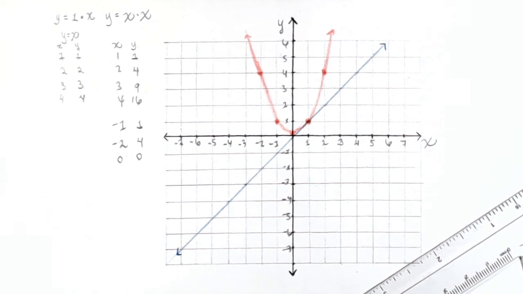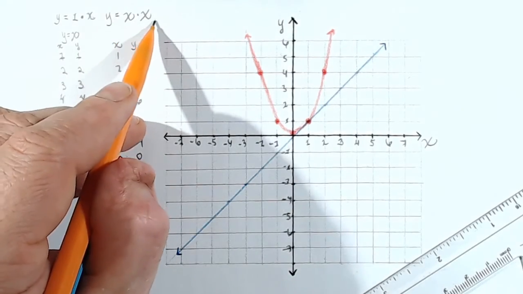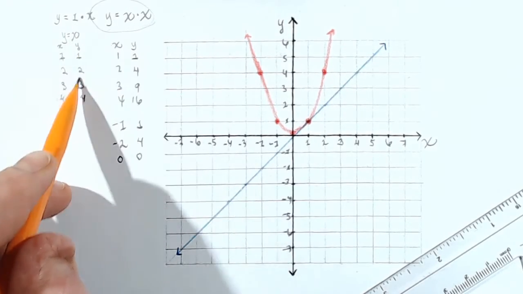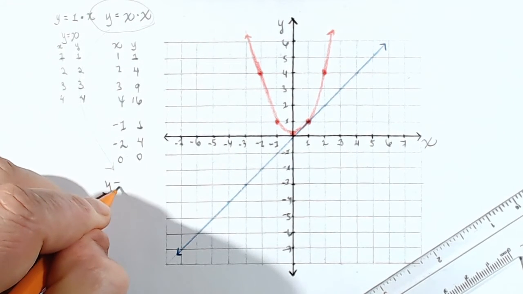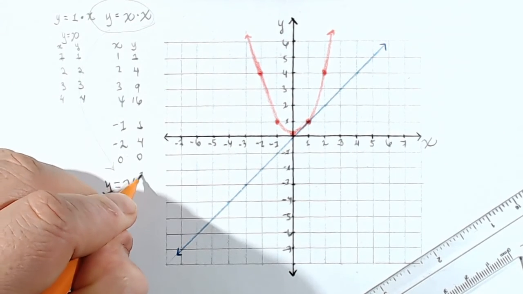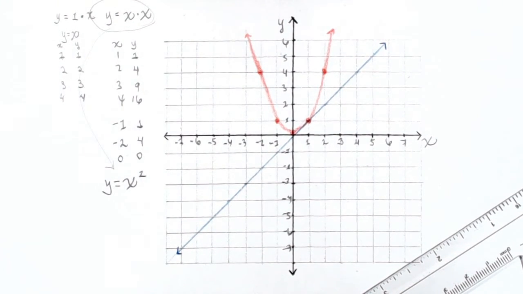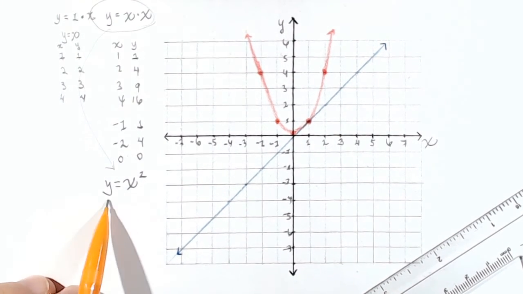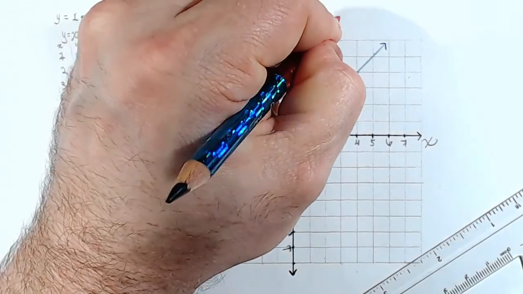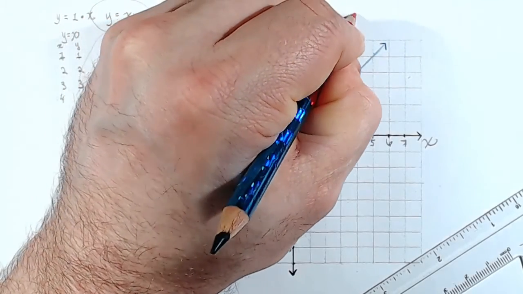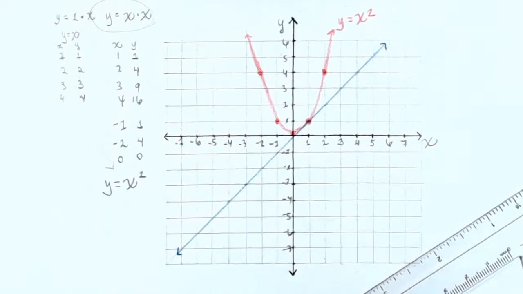Now, what I want to take you from is doing this, x times x, and I want you to think of it as y equals x squared. So that's the graph of y equals x squared. This is the graph y equals x squared. Okay?